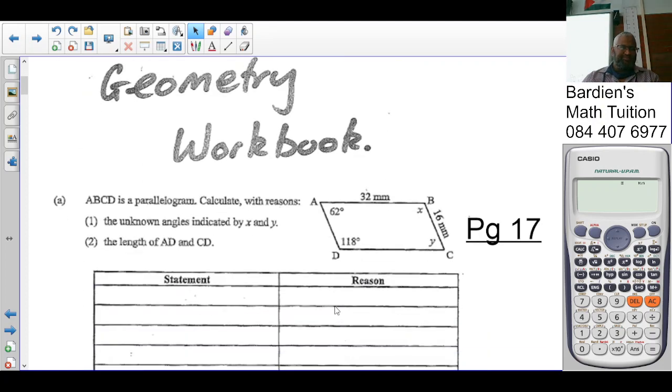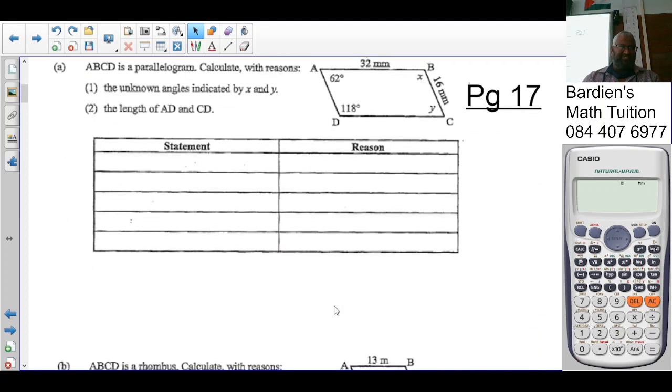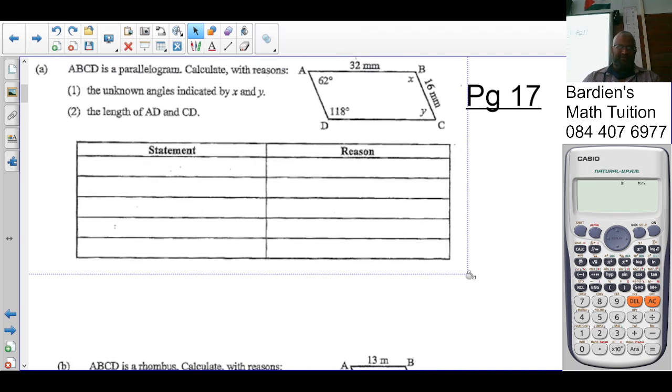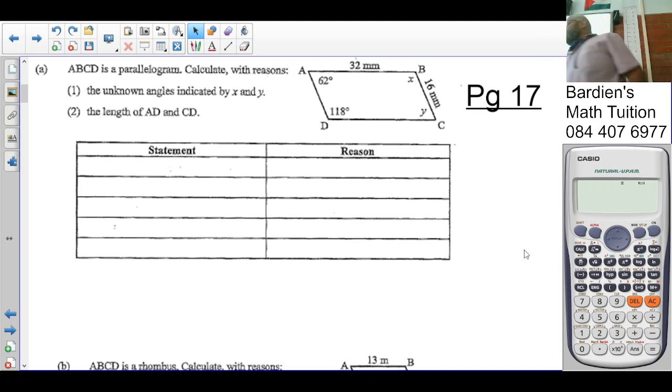So we're looking at the grade 8 geometry dealing with quadrilaterals on page 17 of our workbook. However, I've asked you to do page 17 and 18. So here we are told that ABCD is a parallelogram.